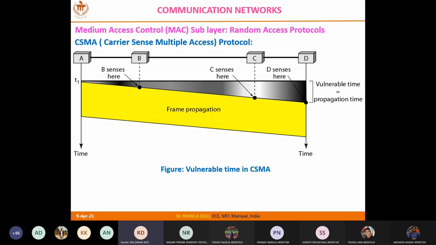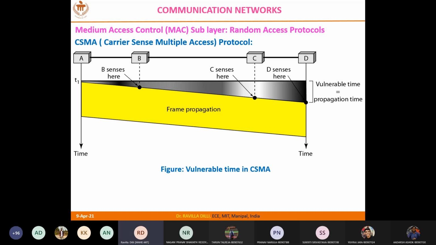Okay. So at time instant T1, A is going to start, let us say. Then, if no other station attempts to transmit at least for the longest propagation time, then frame A is going to succeed. If any of the nodes attempt during this vulnerable time, then you will not get success.